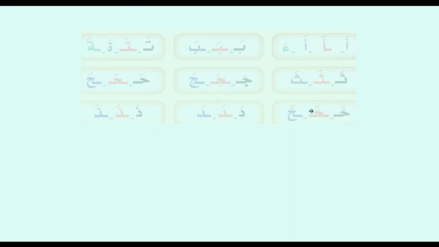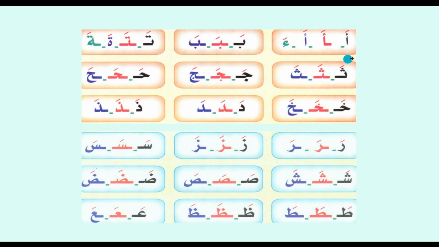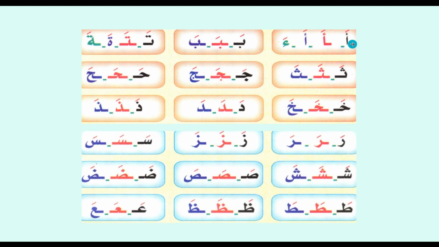Let's summarize this. This is Hamza when it comes with Alif, the three or four shapes. This is Ba when it comes beginning, middle, end. Beginning, middle, end, as you can see, Ta marbuta. And Tha, beginning, middle, end.